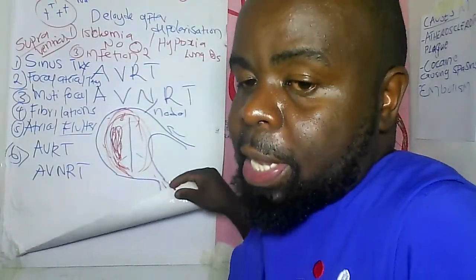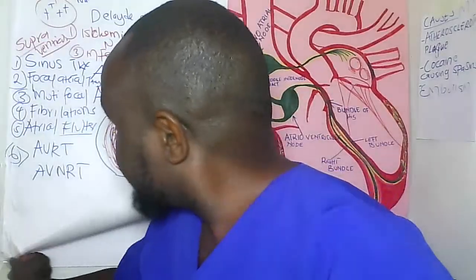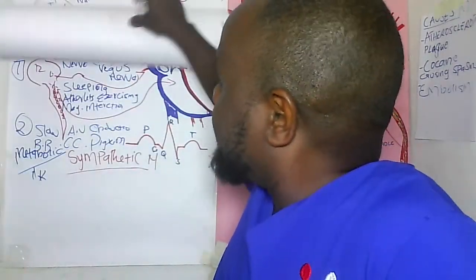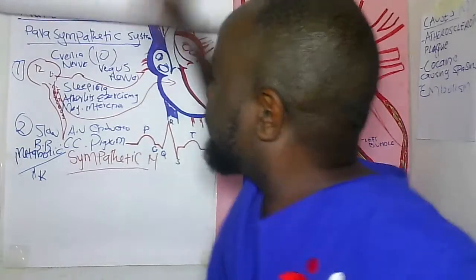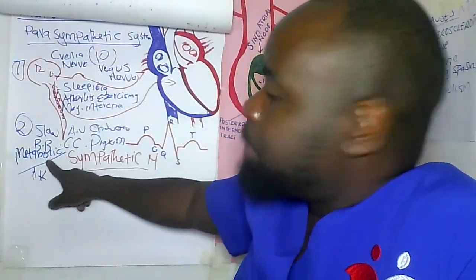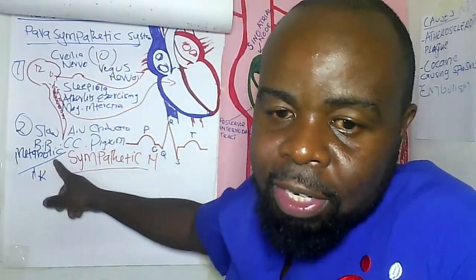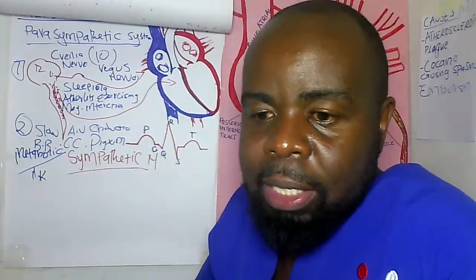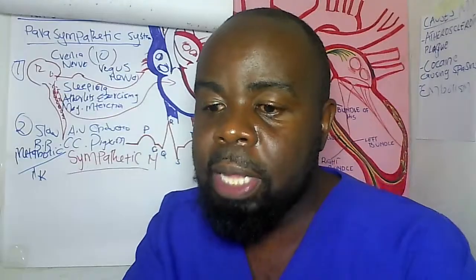Potassium, magnesium, those are metabolic activities. Increasing potassium, electrolyte imbalance, we have talked about what they do.